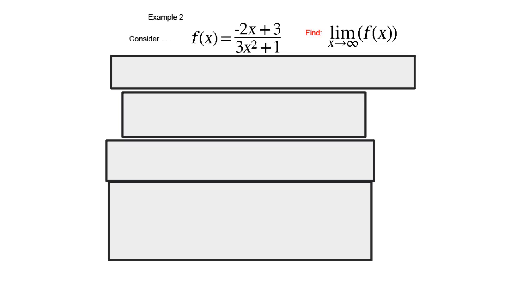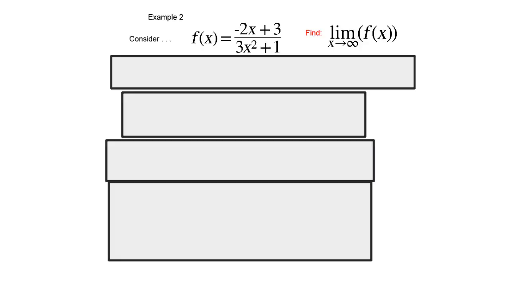Let's look at something a little bit meatier. Here I have my function f of x equals the quantity negative 2x plus 3 all over the quantity 3x squared plus 1. And I'm supposed to find the limit as x approaches infinity of this function. Now I ask you, just by looking at this, can you tell what the function does as x approaches infinity?